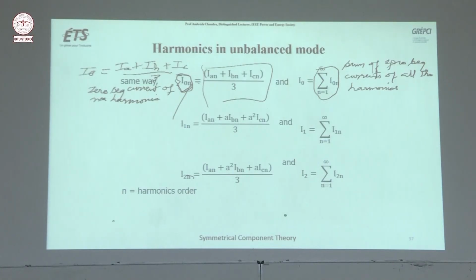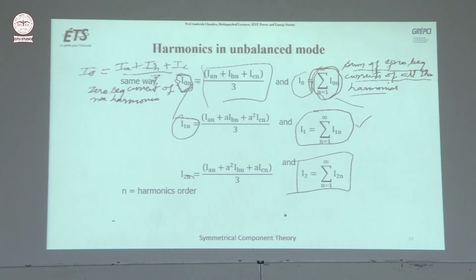So the total sum of zero sequence currents of all the harmonics you can represent by this. Similarly, the sum of positive sequence currents of all the harmonics, and the sum of all the negative sequence currents of all the harmonics. So this is how you can write.